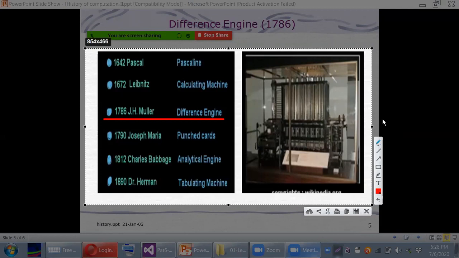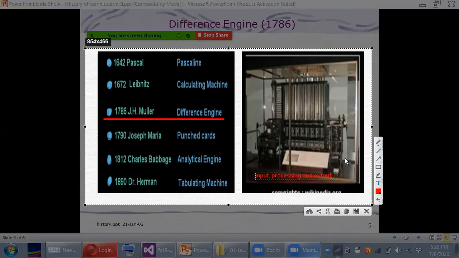This machine gave the basic idea of computing, according to which a computer should be divided into three units, and these units are input, processing, and output. As you can see, our modern digital computer is also based on these three units.